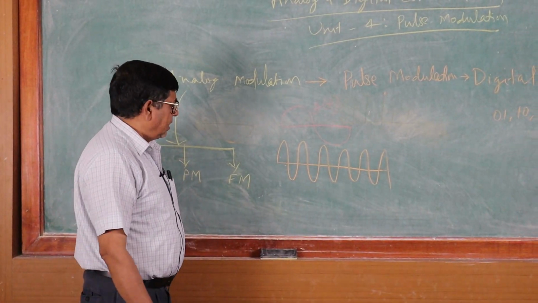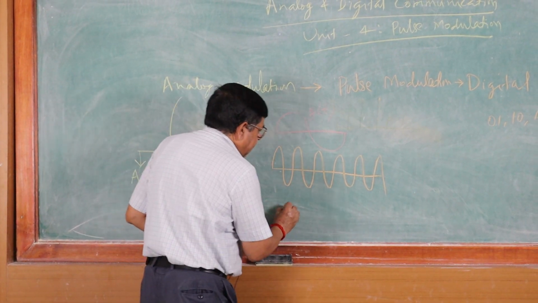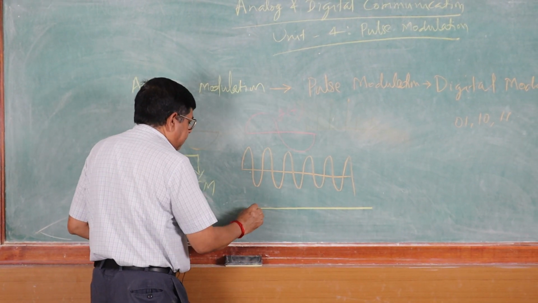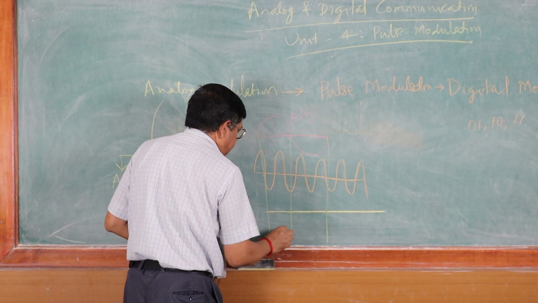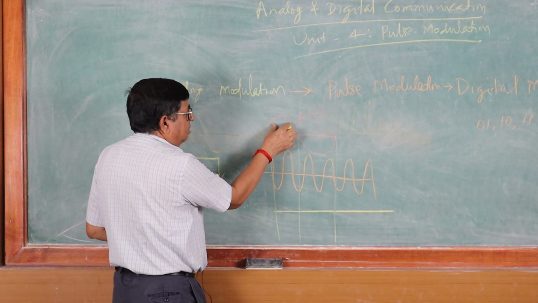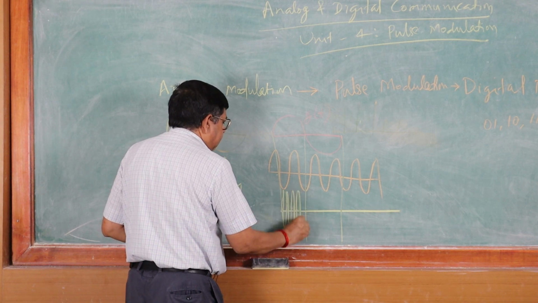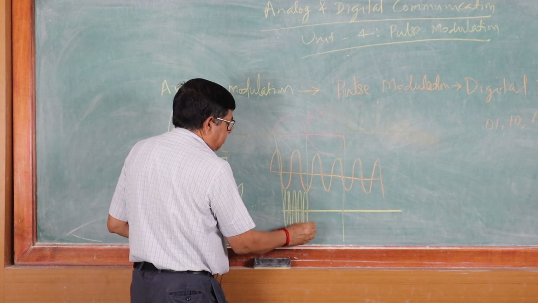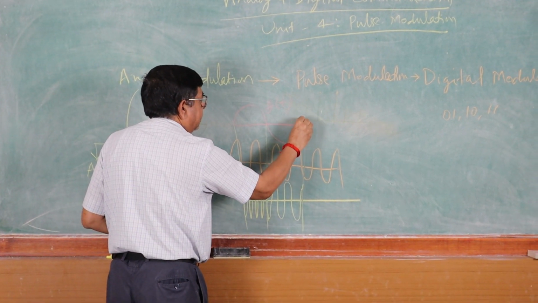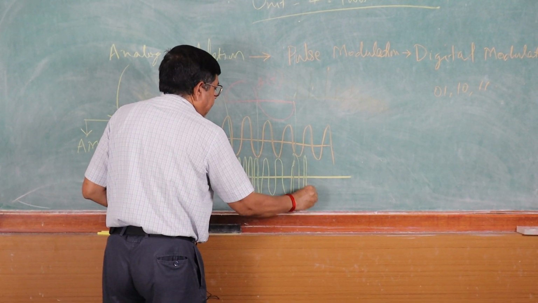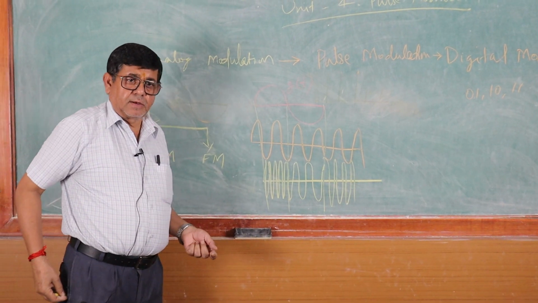For example, if we are using a frequency modulated signal, then the frequency changes as per the message signal. So these are the points where the frequency will be varying. When the message is positive, the frequency will be more; when it is negative, the frequency will be less. Again in the next cycle it will be more. So this is a continuous time signal.